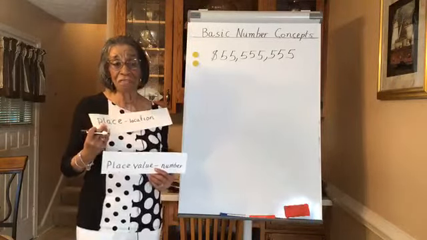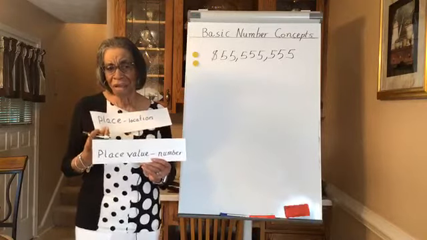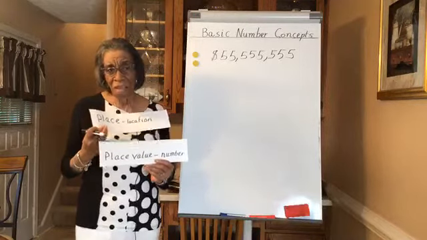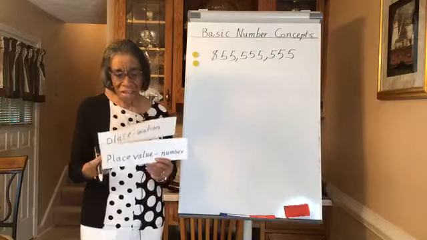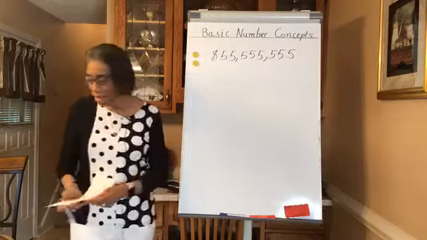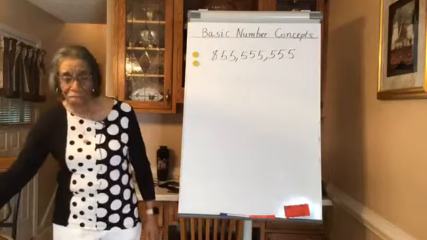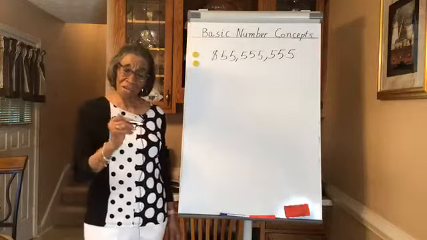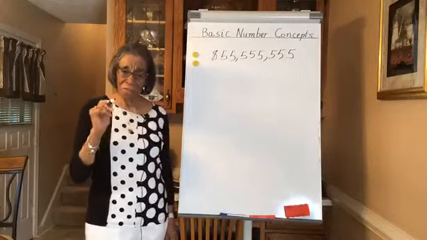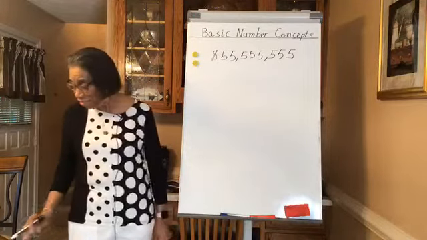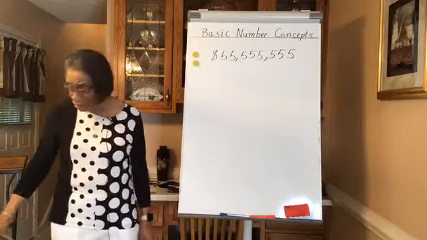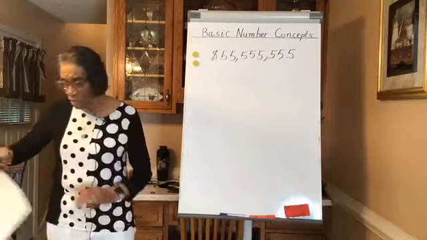So let's say that whenever I ask you for the place value, when you see the word value, I want a number. And when I ask you for the place, I want a word. And that makes sense, doesn't it? When I ask for the value of something, then I want to know a numerical answer. And when I ask for the place, I want to know its location. All right, so let's look at the location of these numbers.